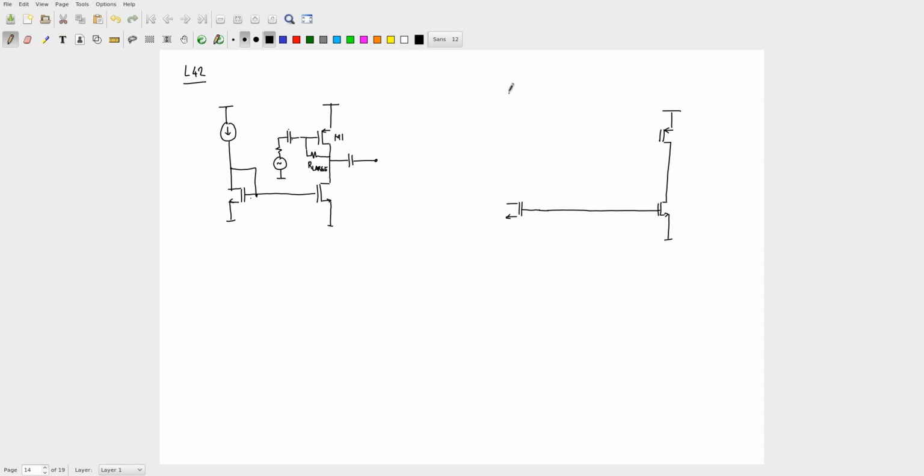And there's a current source. We haven't yet discussed how to make a current source. I'll give that in your exam, and I'll motivate how to do it, so it will be straightforward.